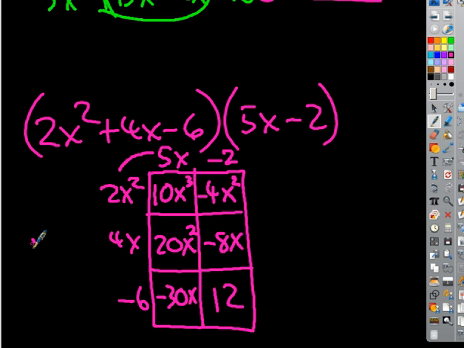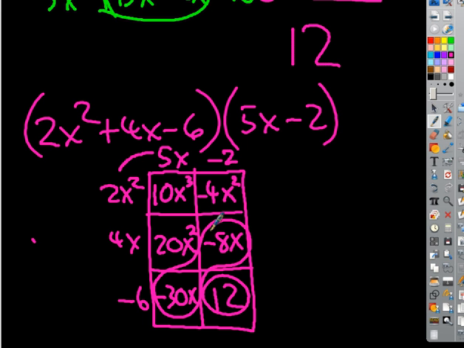So now I'm looking at like terms. The bottom right is by itself. That's just a 12. I'll write it up here. Then I have like terms. Minus 30 minus 8 is minus 38x.